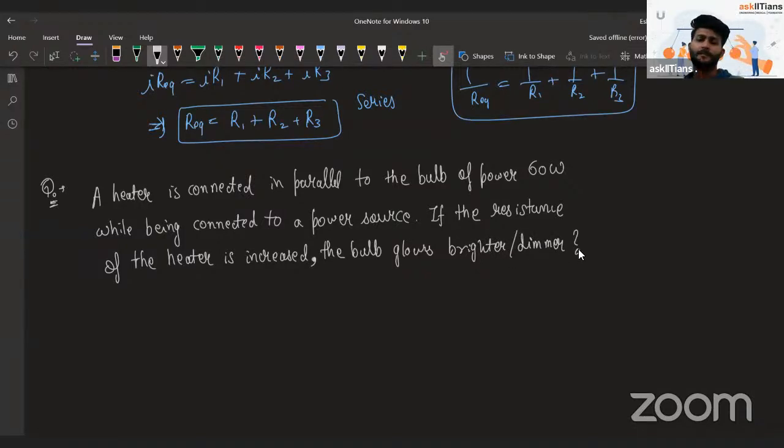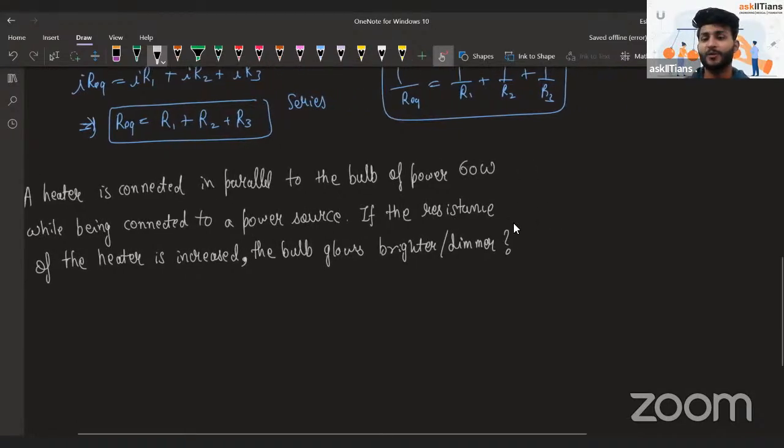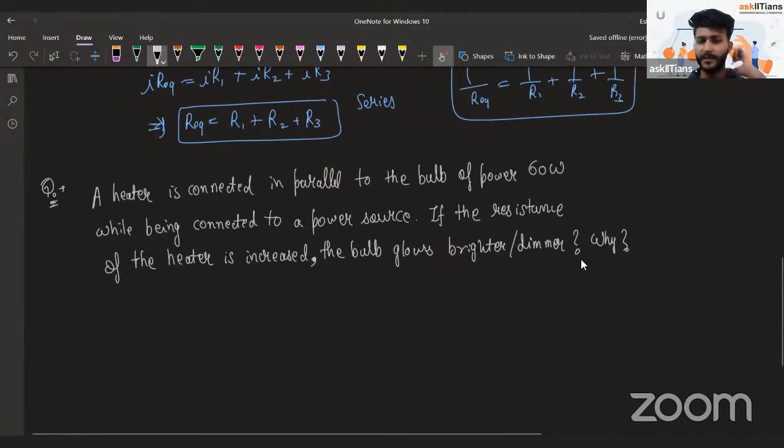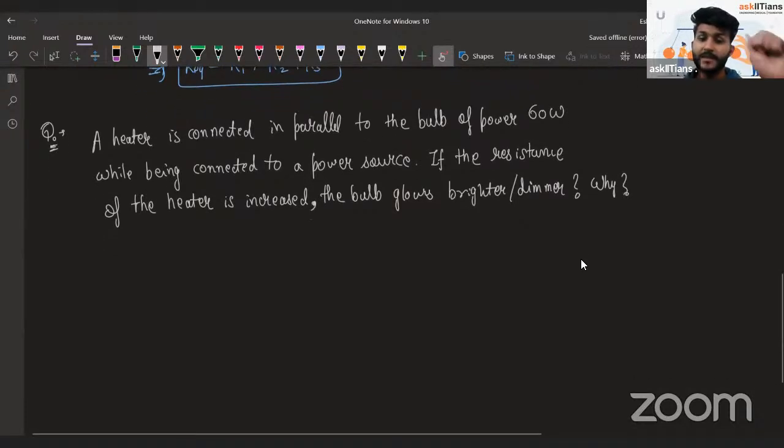What will the answer be? And of course, they can mention why also after this. So what do you guys think? There's a heater connected in parallel to a bulb of power 60 watts, and it is connected to a power source, like a battery or something. So if resistance of the heater is increased, what difference will come in the bulb? Will it glow brighter or dimmer or what?